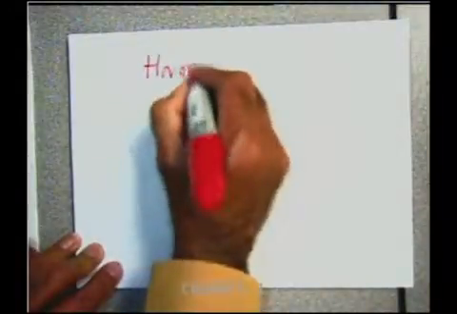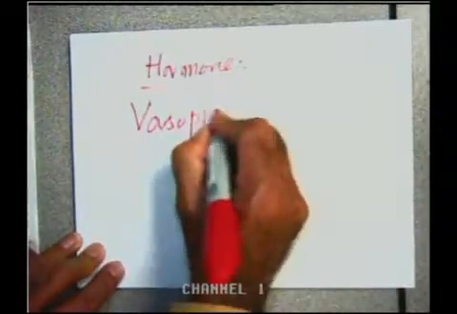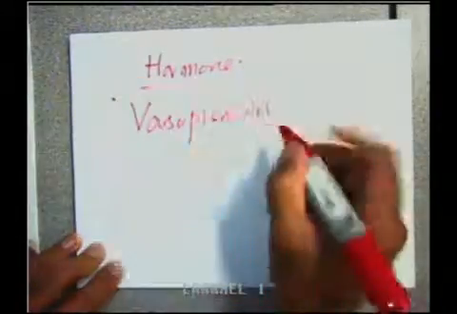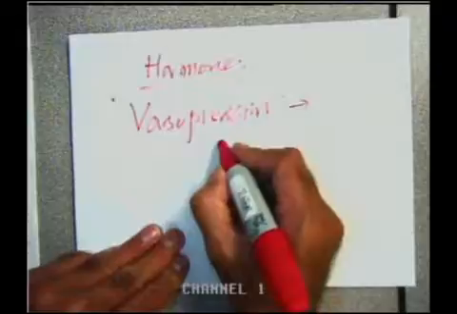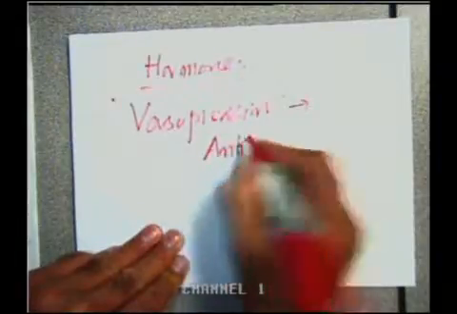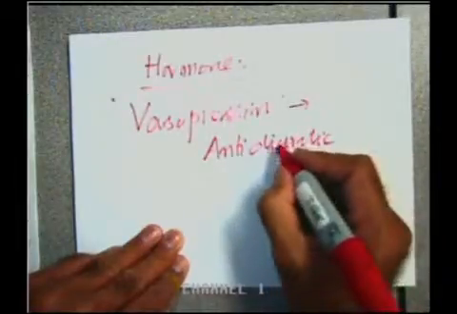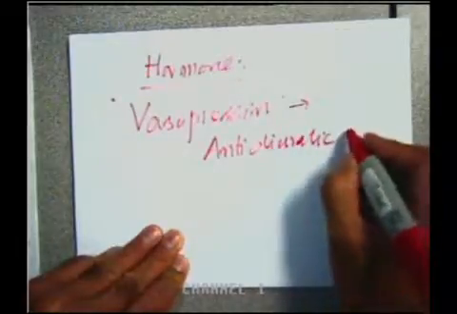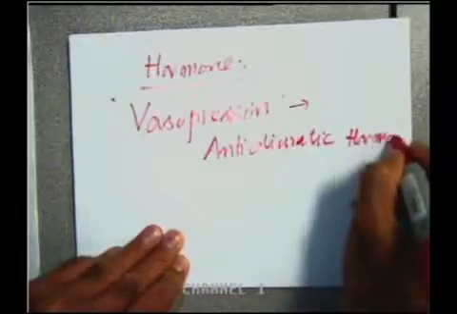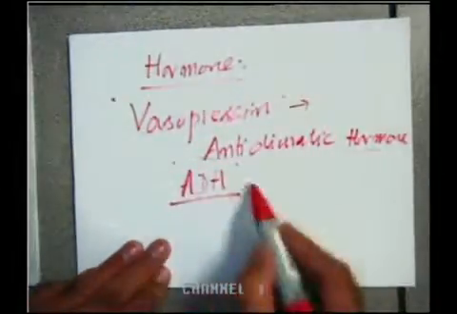Also, as we already discussed, it is called antidiuretic, D-I-U-R-E-T-I-C, anti-diuretic hormone. In other words, it is called ADH. Vasopressin, antidiuretic hormone, in short, ADH.